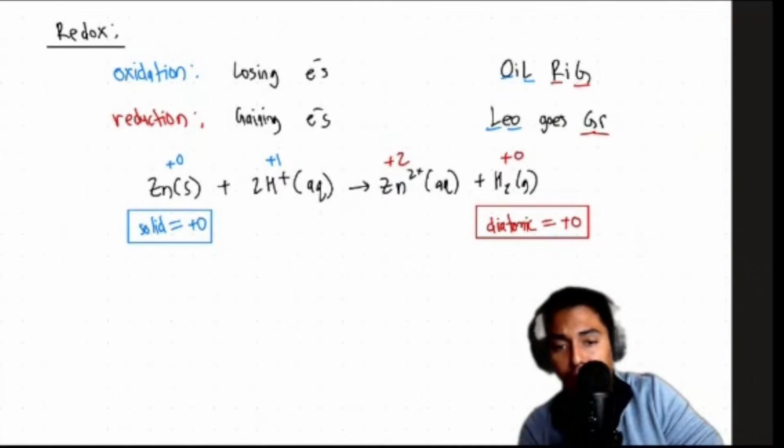We're going to do a quick poll. Guys, give me 1 sec to write this out. So is hydrogen going to be losing electrons? And we're going to say happy face.